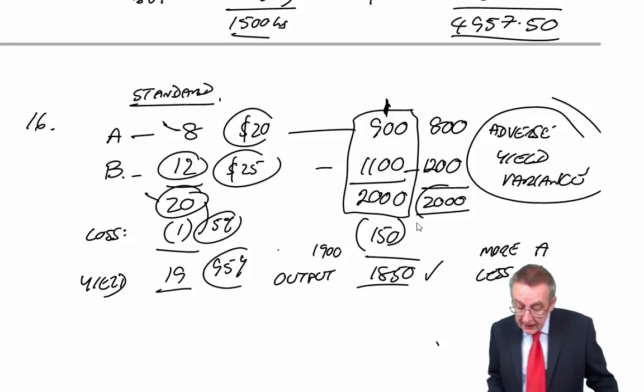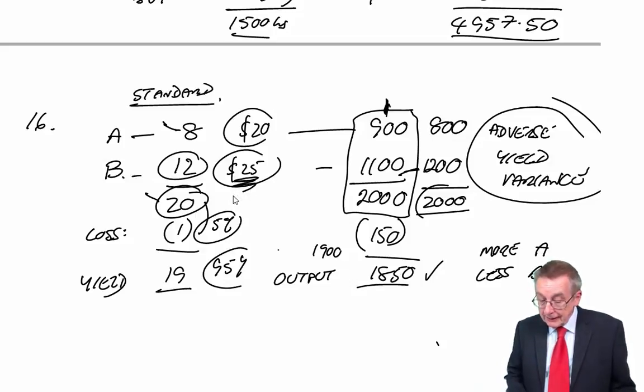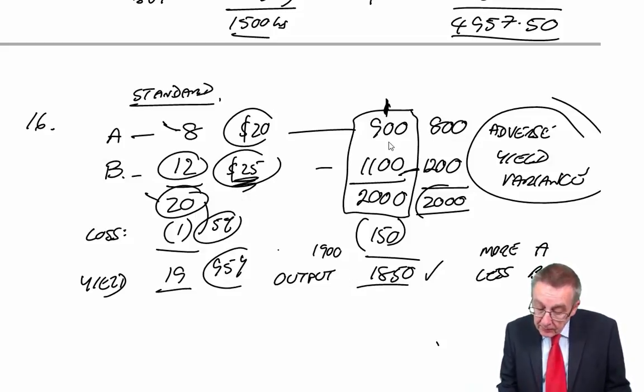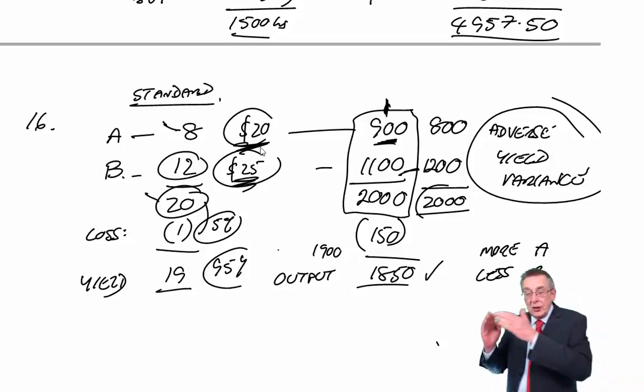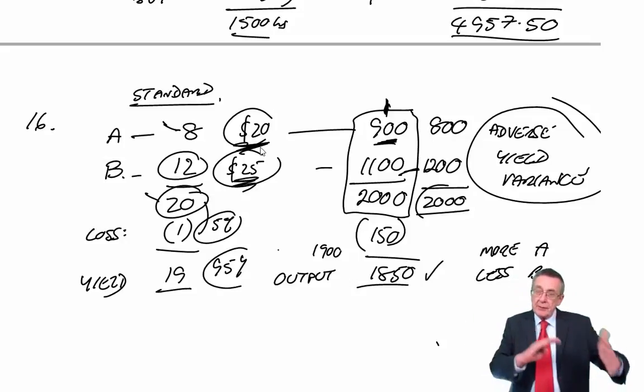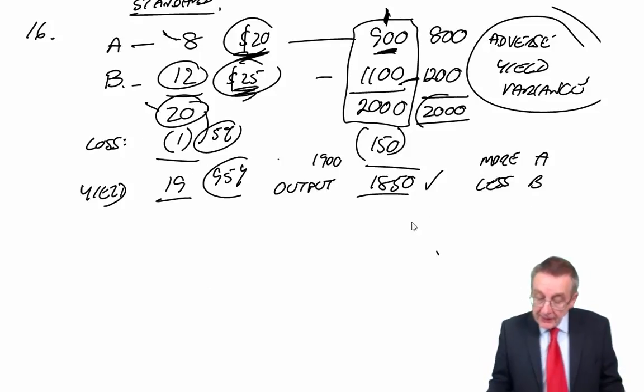So what's happening here, we've bought less of B, which is the expensive one. As a result, we've bought more of A, which is the cheaper one. And if you've bought less of the expensive and more of the cheaper, you'll be saving money. As a result, the mix variance must be favourable.